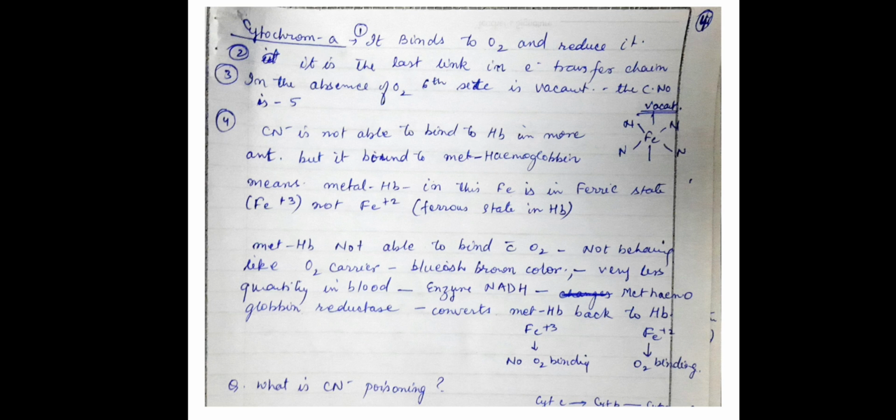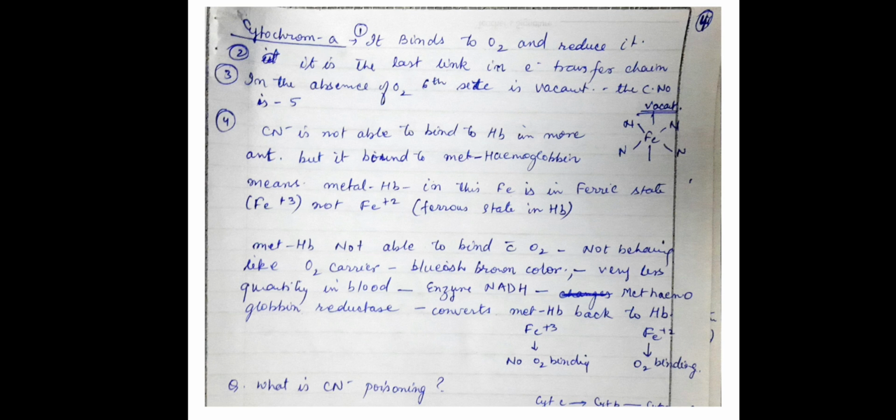In the next slide, this is cytochrome A. It binds to oxygen and reduces it. In cytochrome A, you see that it is again hexa-coordinated, with 4 nitrogens. The 5th site binds with oxygen and reduces it.